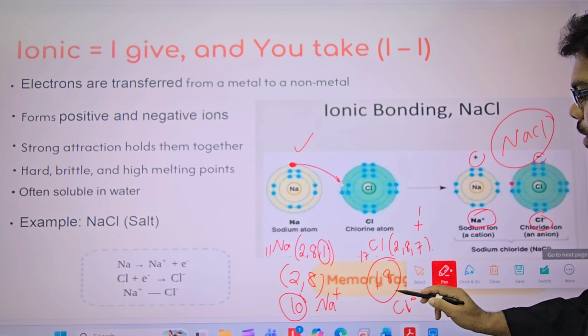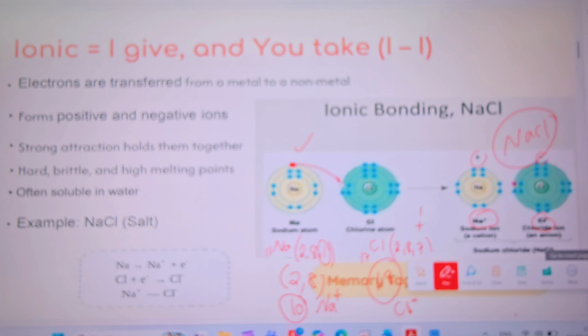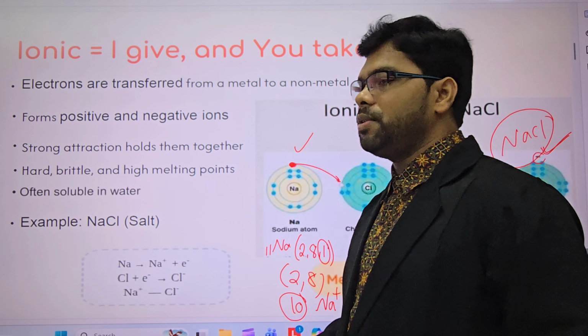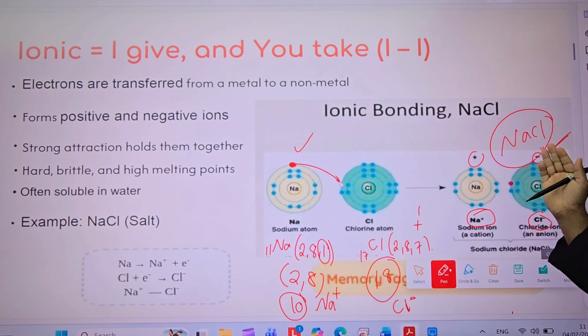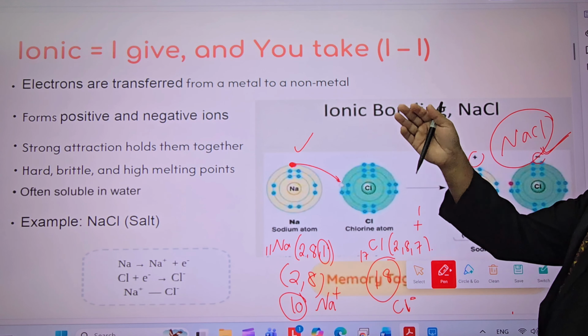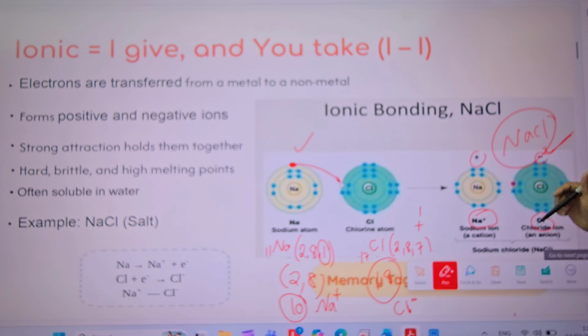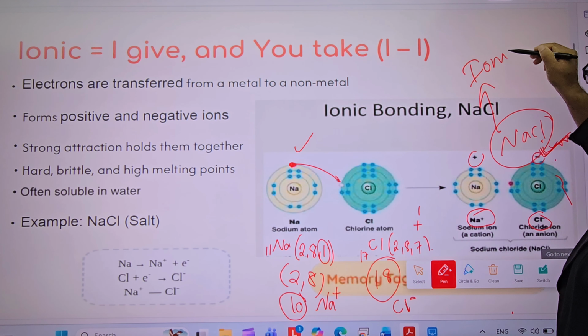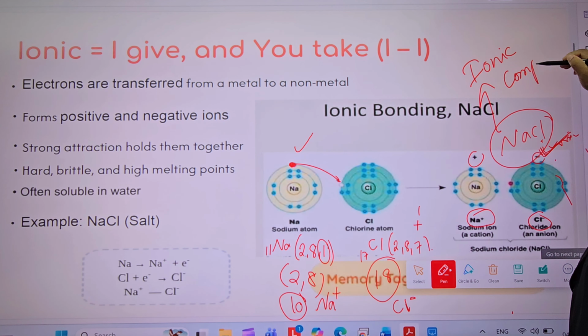This plus and minus will attract together because of the electrostatic force of attraction, and finally a sodium chloride compound is produced. Therefore, as sodium chloride is made by means of an ionic bond, it is an ionic compound. Okay.